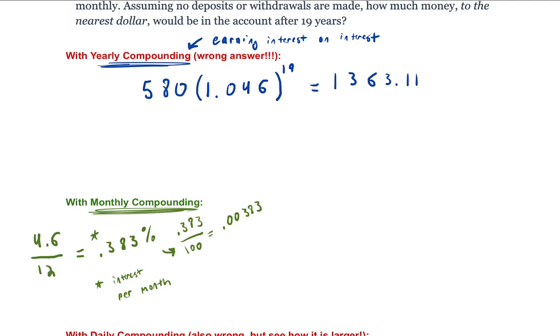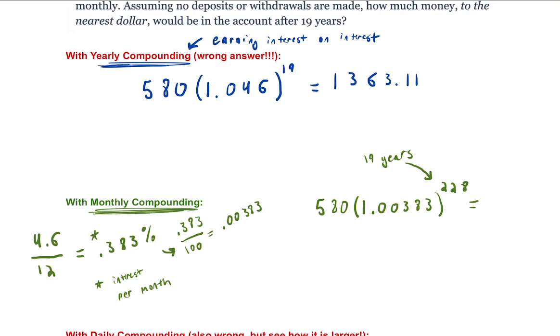And so with monthly compounding, I take my 580, I multiply by 1 plus 0.00383. And now here's the tricky part. 19 years, well, I'm doing this compounding monthly, so I actually need 19 times 12. I need 228 months.